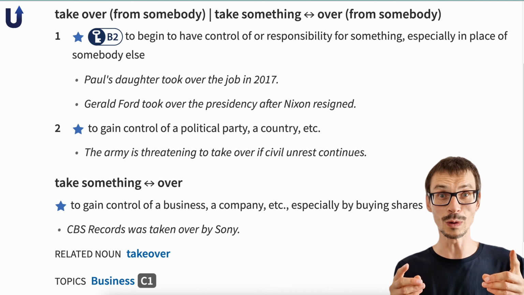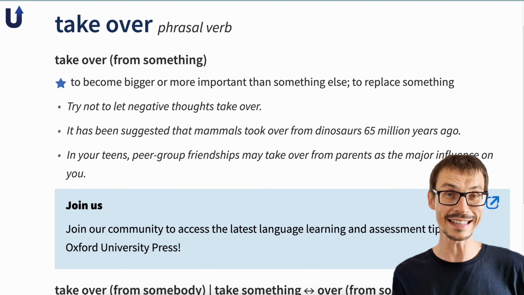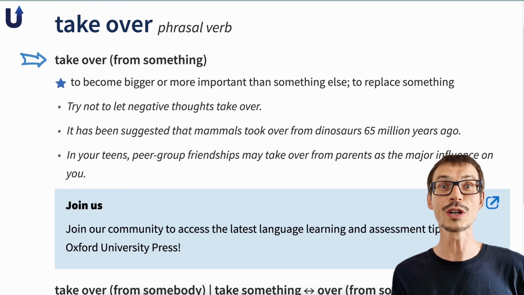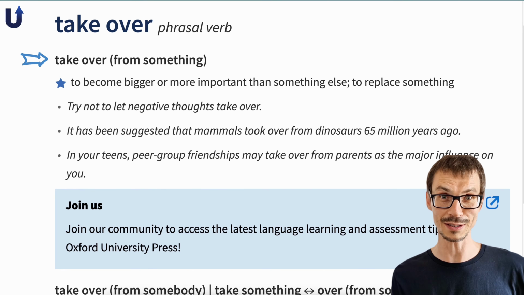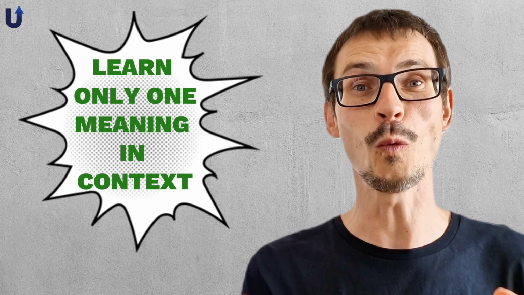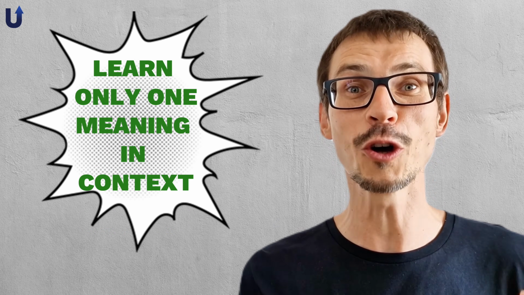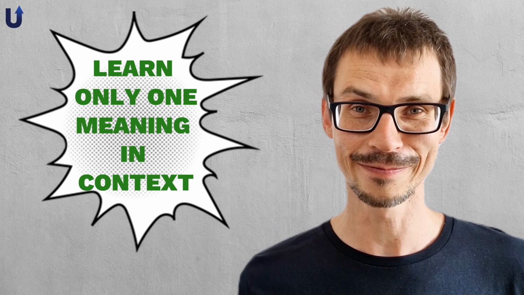But if we scroll up a little, we will see that there is another meaning here which is not separable. There is no double-sided arrow next to it. And this brings us back very nicely to what we talked about at the beginning of this video. When learning phrasal verbs, learn one meaning at a time and always in context.